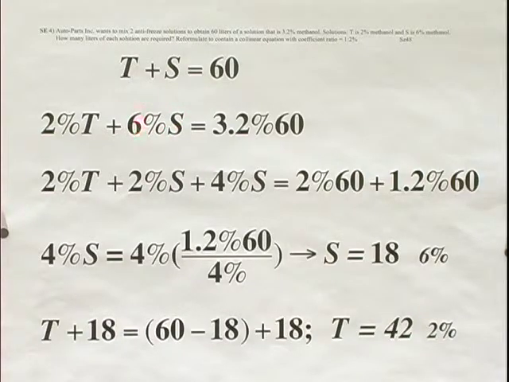I reformulated 6 to 2 and plus 4. I reformulated 3.2 to 2 plus 1.2. So I did two operations there. And then I did this: divide 4 into 60 and then multiply that by that.